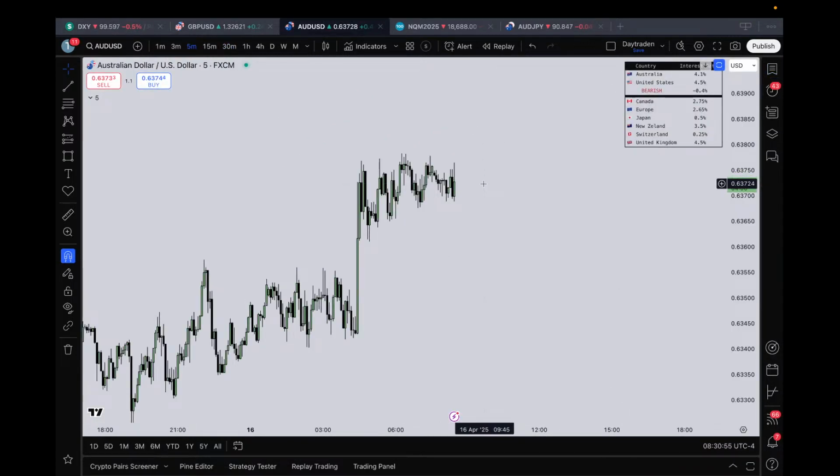Market is just waiting for Powell. And it becomes clearer and clearer that that's the case.